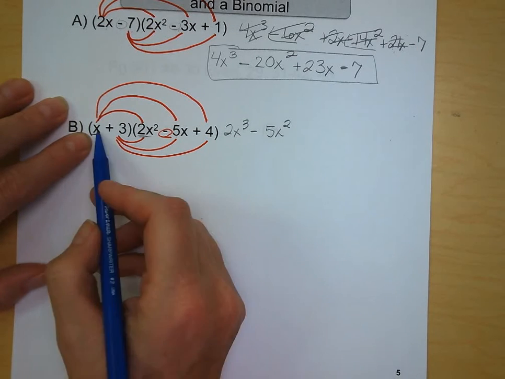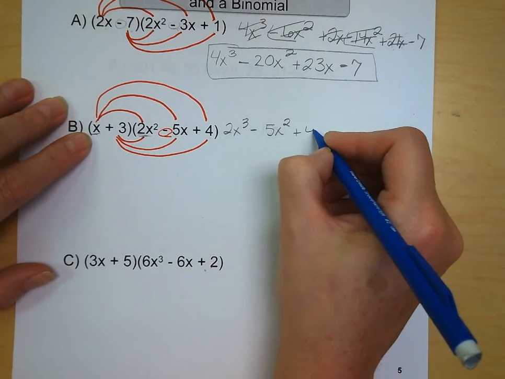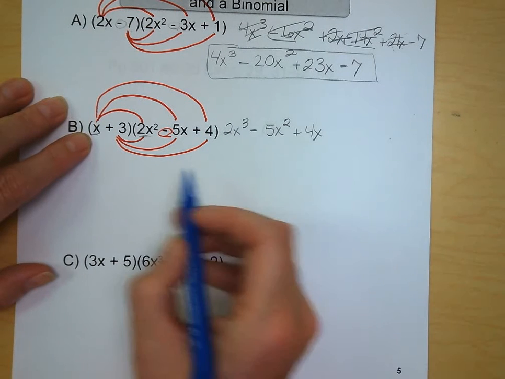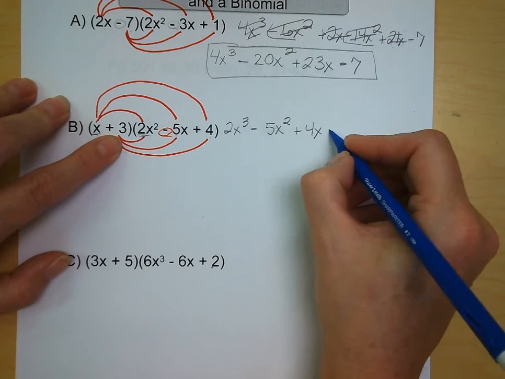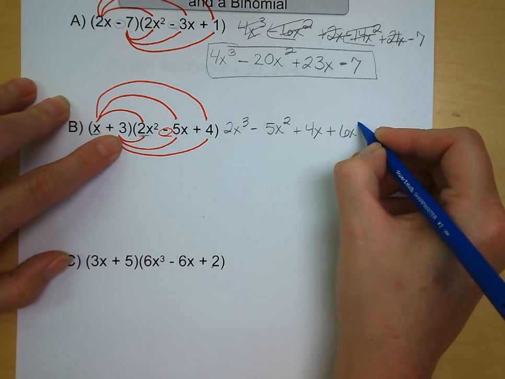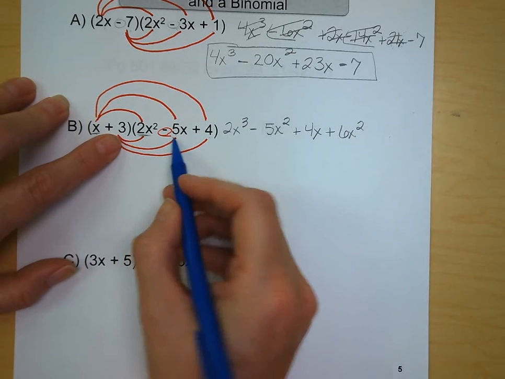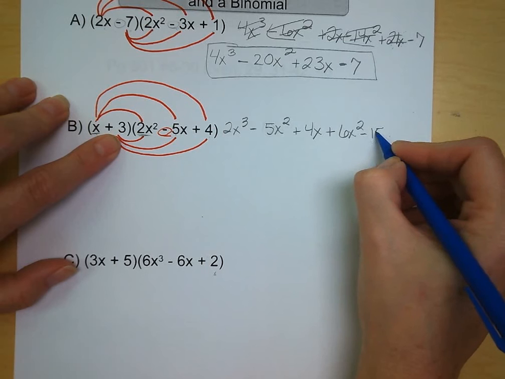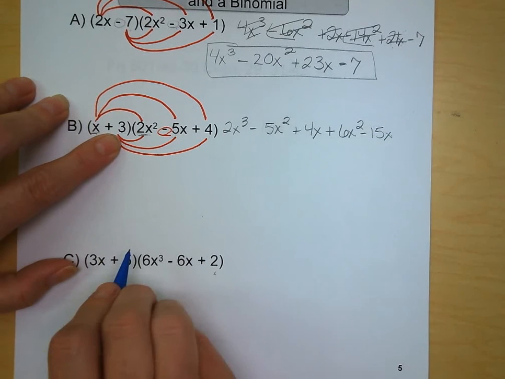X times 4 is 4x. 3 times 2x squared is plus 6x squared. 3 times negative 5x is minus 15x. And 3 times 4, positive 12.